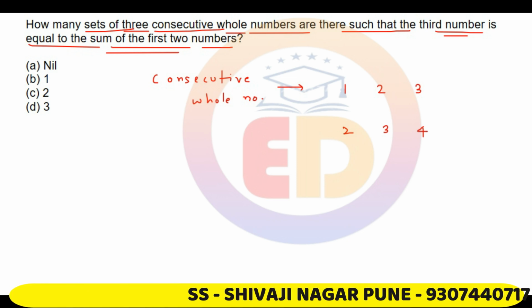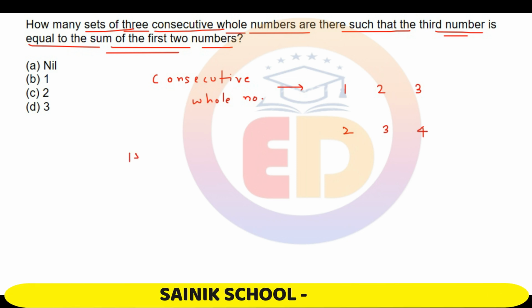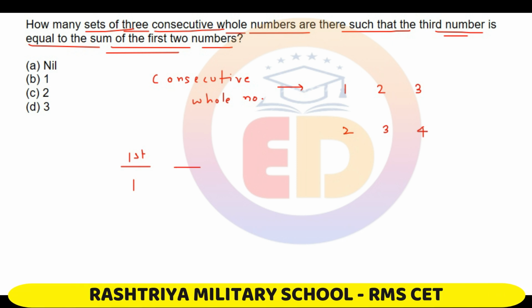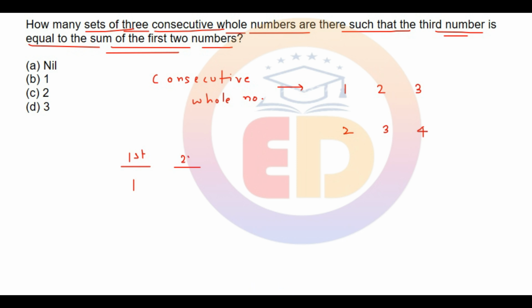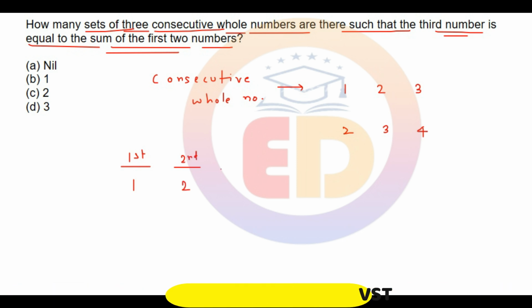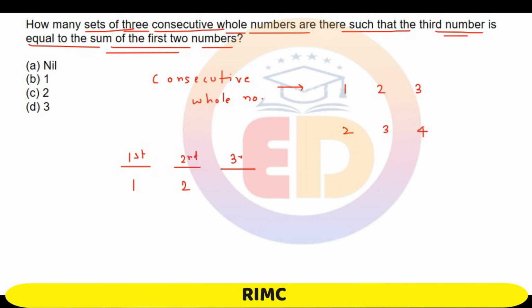Now let us take an example. Let us take our first consecutive number, first whole number as 1. So 1 के बाद आने वाला next consecutive whole number होगा second वाला 2, और 2 के बाद अगला consecutive whole number third वाला होगा 3.